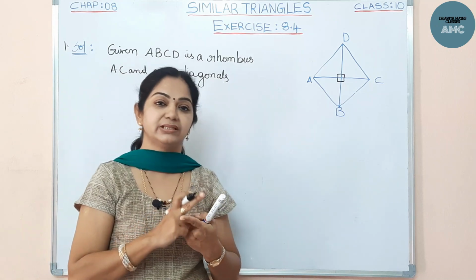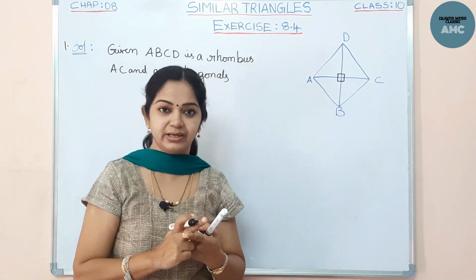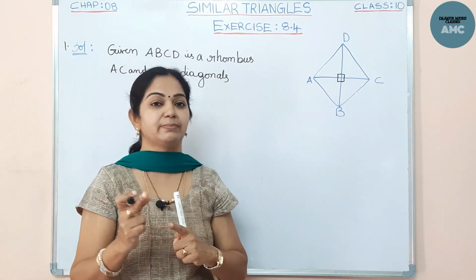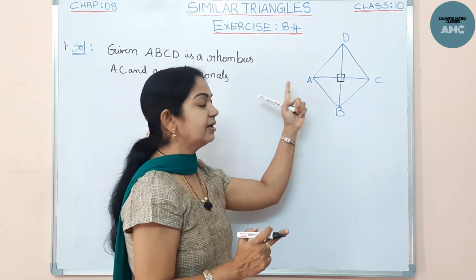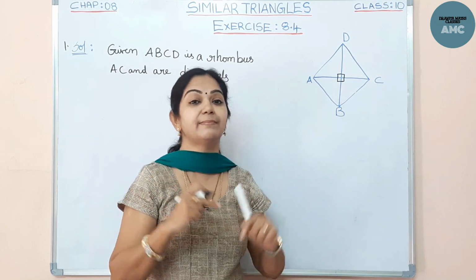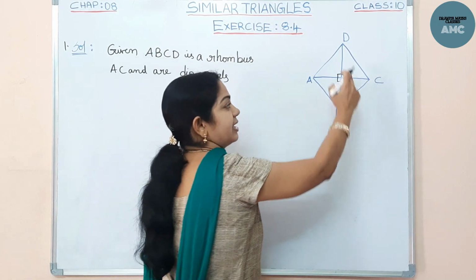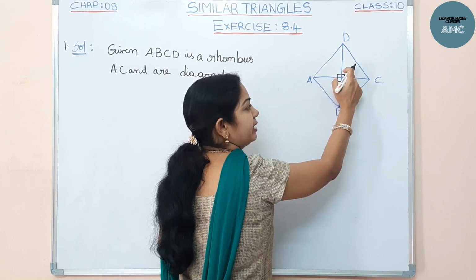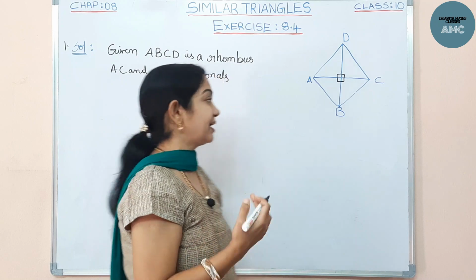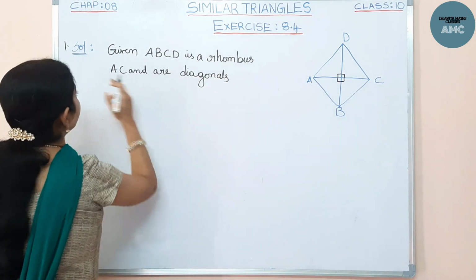Intersect means just meeting, just cutting, but bisect means dividing the line into 2 equal parts. Here I am saying that the diagonals bisect each other, and they are forming 90 degrees, so they are called perpendicular bisectors. That is the property of the rhombus.